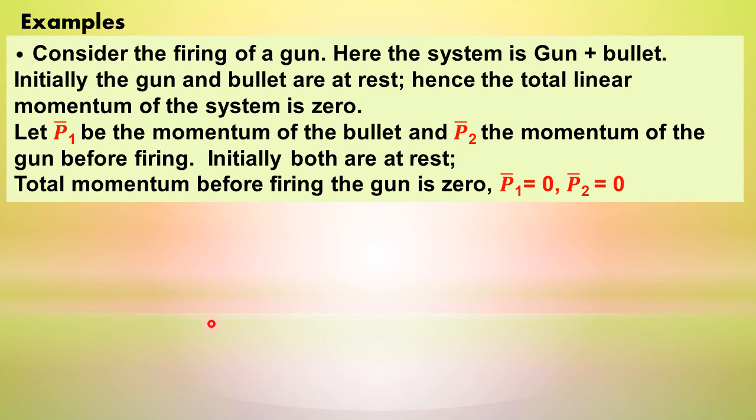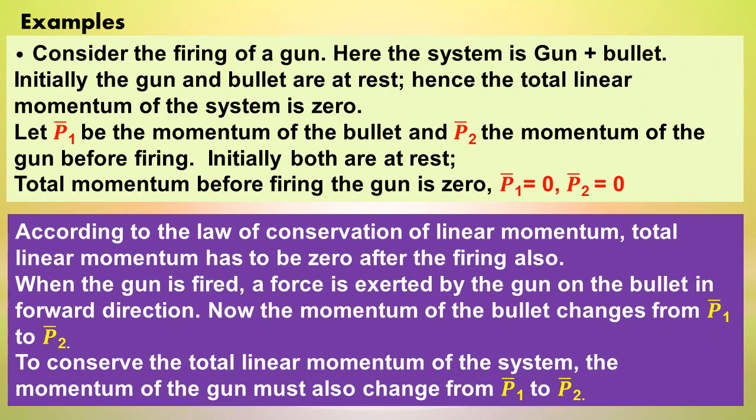Let P1 be the momentum of the bullet and P2 be the momentum of the gun before firing. Initially both are at rest. Now the total momentum before firing of the gun is 0. So P1 is equal to 0 and P2 is equal to 0. According to the law of conservation of linear momentum, the total linear momentum has to be 0 after the firing also.